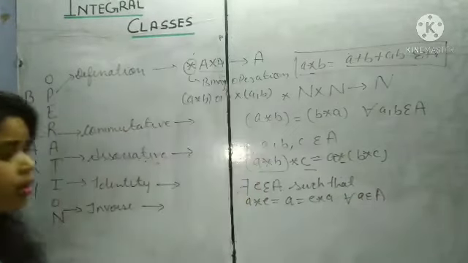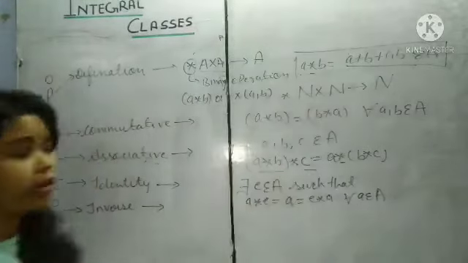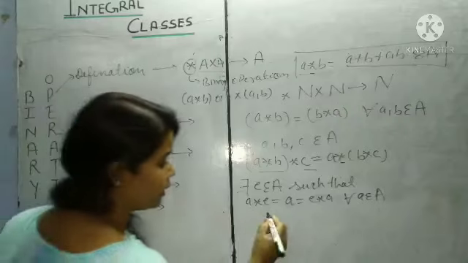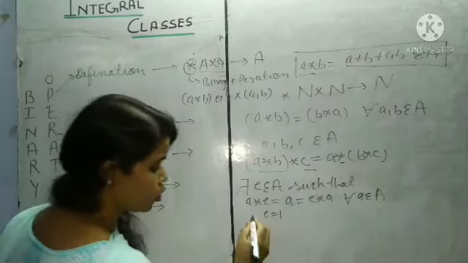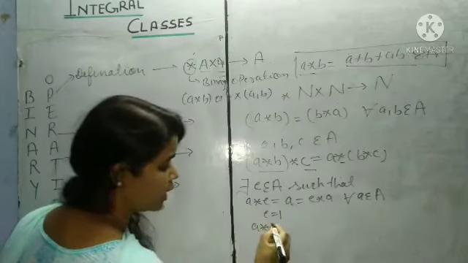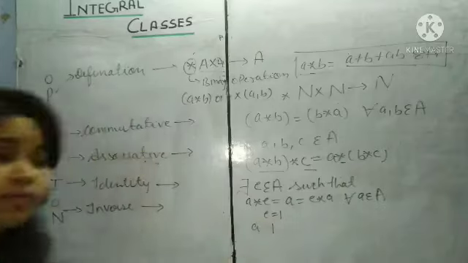Now suppose for natural numbers, the identity element is equal to 1. So A and 1: which operation will we apply?